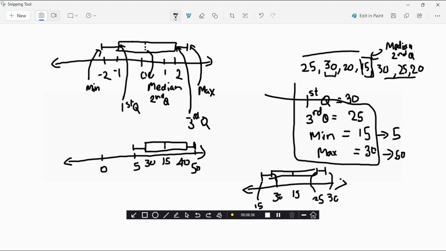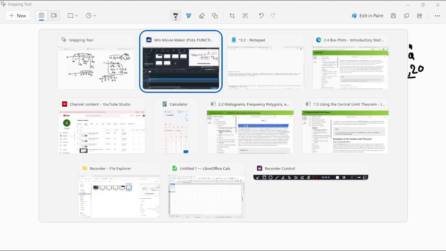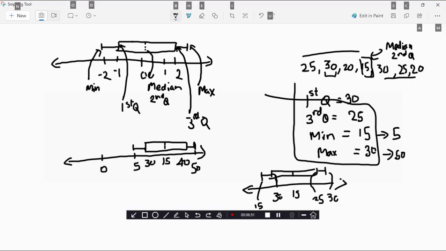Some of the applications relevant to a box whisker plot include, but are not limited to, finding out how far away your outlier is from the rest of the values. Say for example, if your maximum was 200, it would be really far away.